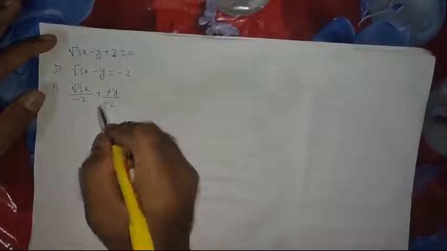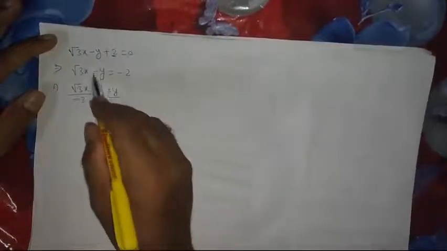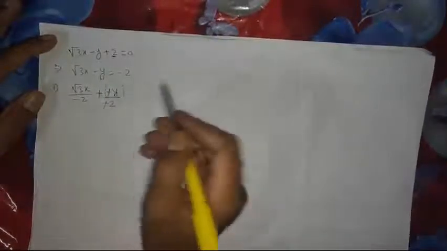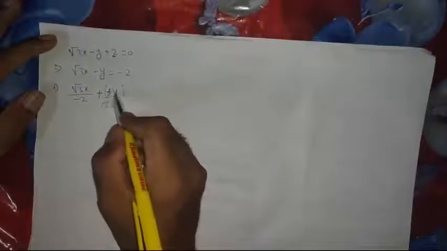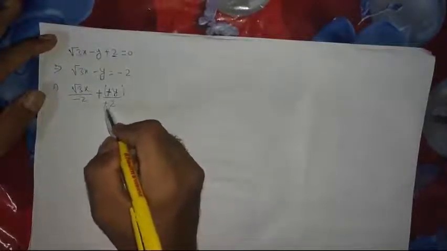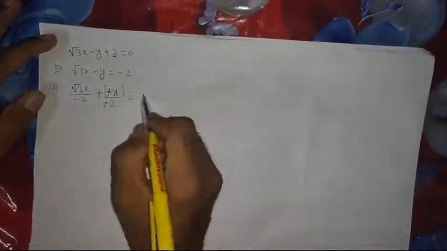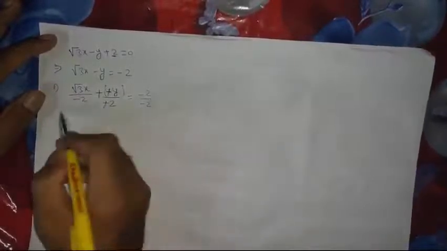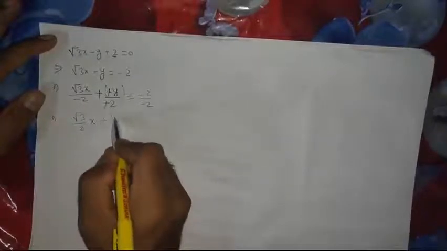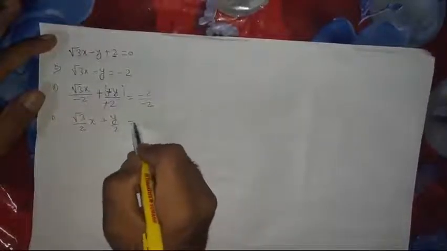It will be easy to cancel the minus sign, minus 2 by 2. I transferred this minus to the y and divided by minus 2. So very easy: root 3 by 2x plus y by 2 equal to plus 1.